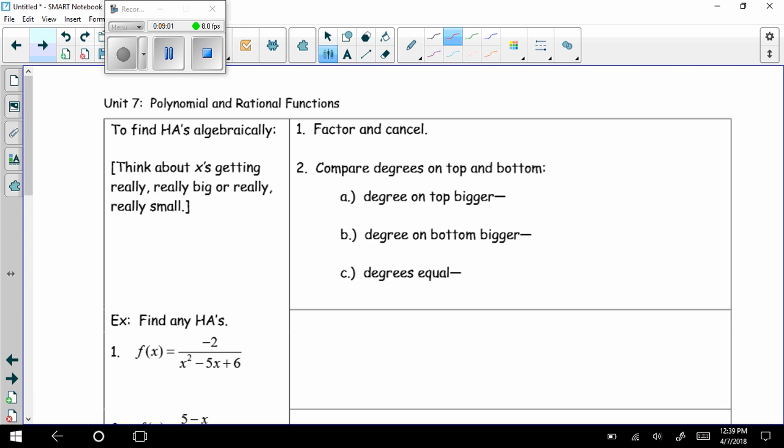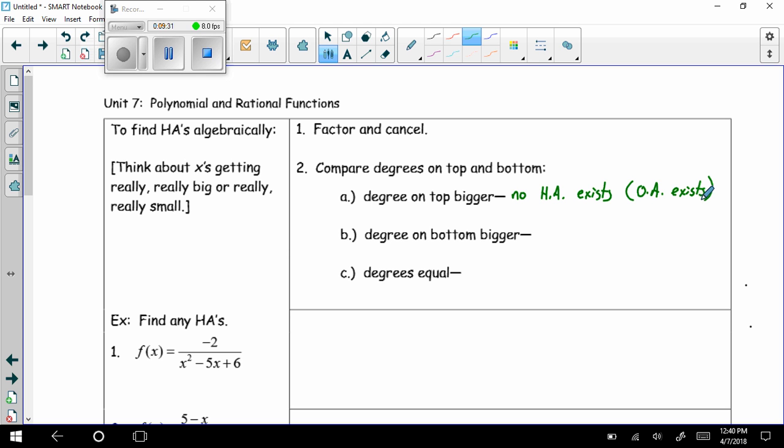As far as horizontal asymptotes go, we have 3 different rules. We always factor and cancel first, but then after we do that, we start to compare the degrees. If the degree on the top is bigger, there's no HA that exists. And actually, that's when an oblique asymptote exists.